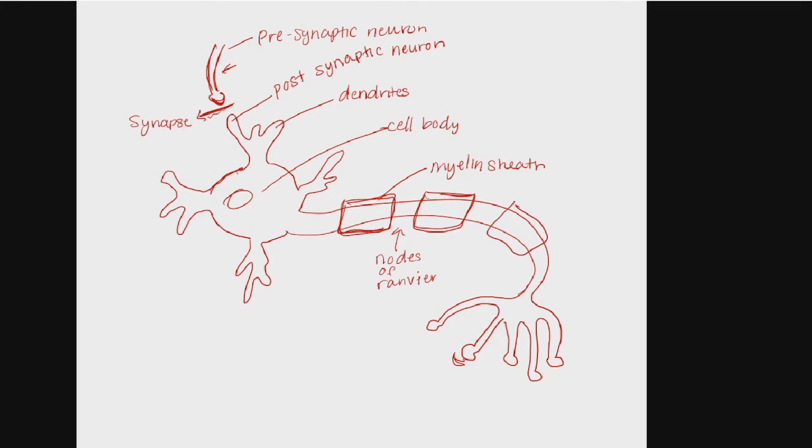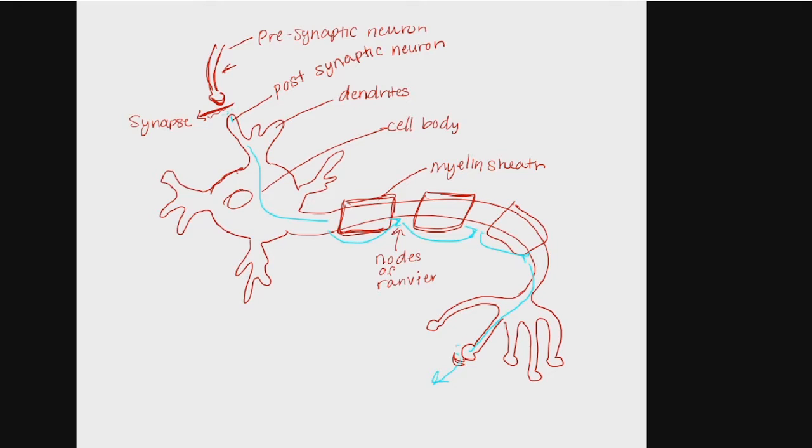When an action potential goes down, it will kind of jump, jump, jump, and then pass it on. That's why it allows faster transmission. But in squids and invertebrates, as we saw, a way to get that speed without a myelin sheath is the larger diameter.